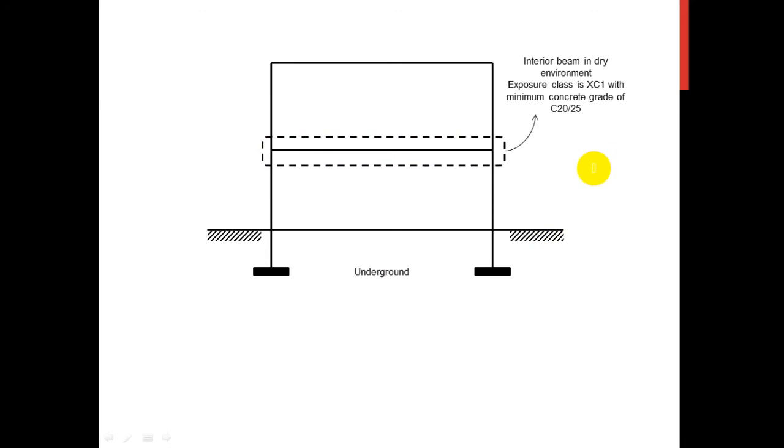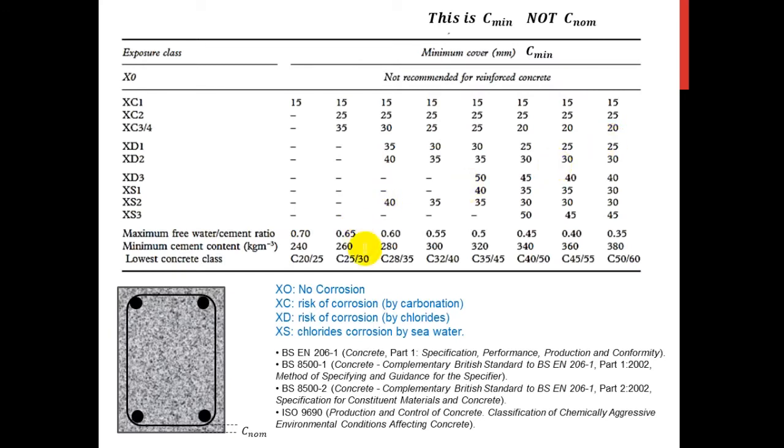Alright, for the XC1, if you go back to that table, you see it is said to be in a dry environment, interior dry environment, and by going back to this table, the minimum cover for the exposure class XC1 is 15 millimeter, corresponding to this grade of concrete, the concrete class.